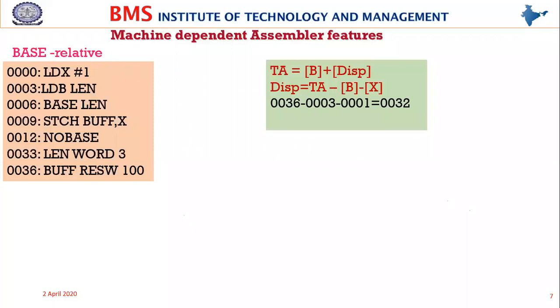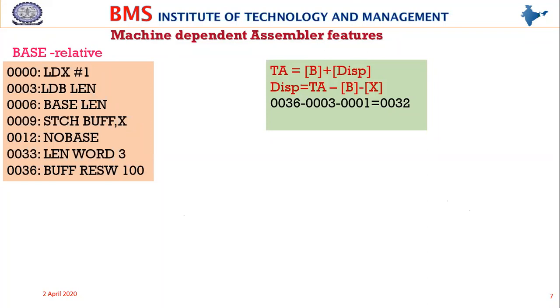Displacement is equal to target address minus B minus X. Both should be done because it is now a base relative with indexed addressing mode. So target address is 0036 minus 0003, that is the contents of your B register, minus X.